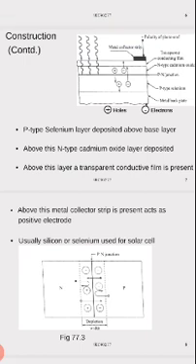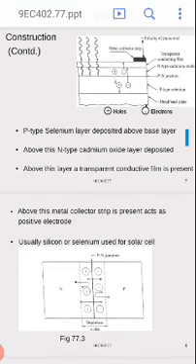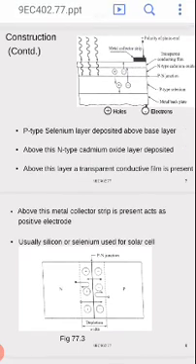Because of the recombination of electrons and holes at the junction, the depletion layer is formed.